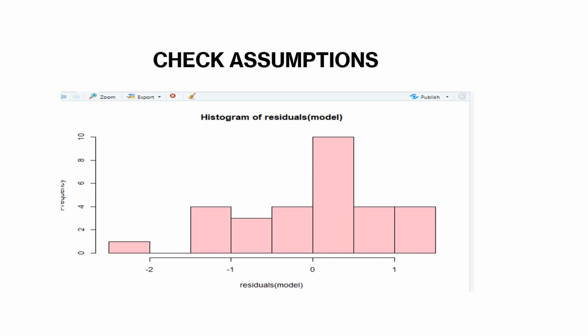Based on this histogram, you can see that it is definitely skewed to the right. Usually a normal distribution would have a bell shape, and as you can see here, it does not taper off to the ends. There seems to be a gap, and this definitely does not look as though it is normally distributed. So let's check out other assumptions and then see how we're going to tackle this issue.